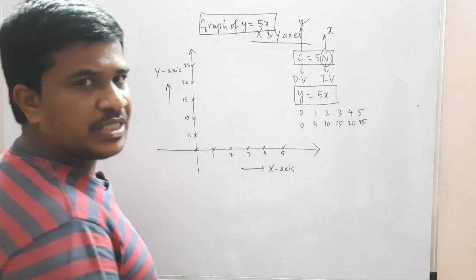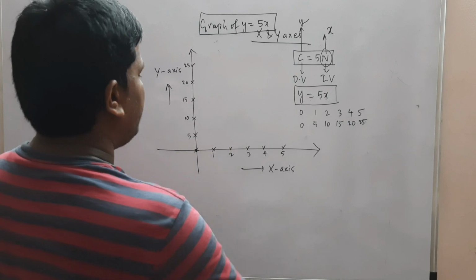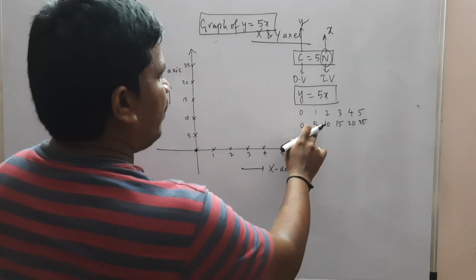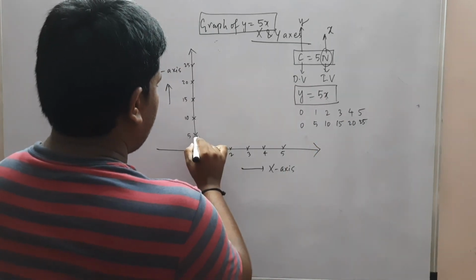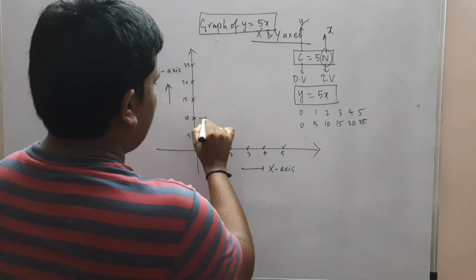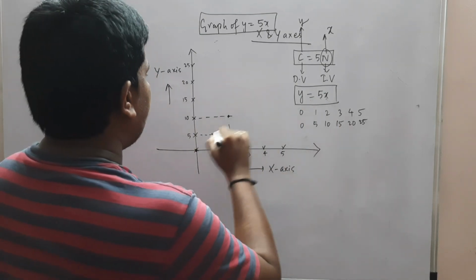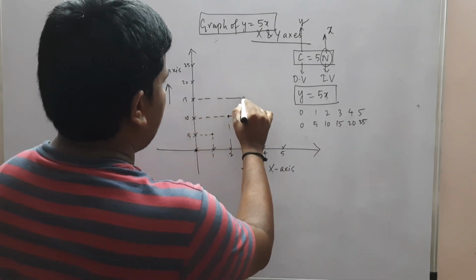So 0 comma 0, where will it be? That can be pointed here. When x is 1, y is 5, that will be here. When x is 2, y is 10. When x is 3, y is 15. So that is here.